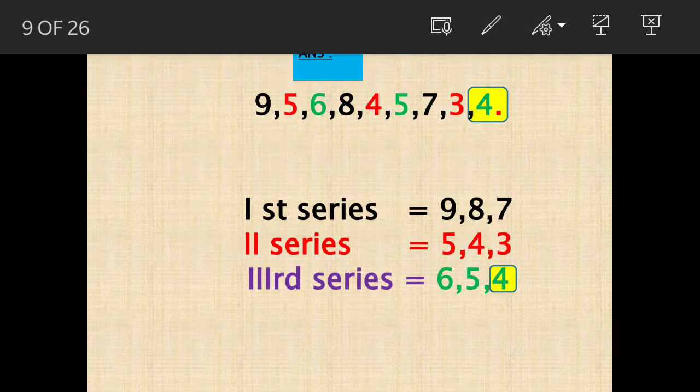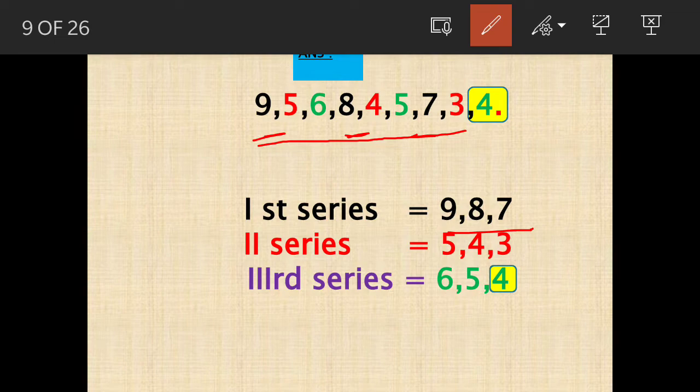If you see this series carefully, 9, 5, 6, 8, directly it is not making any pattern. Alternate numbers also are not making any pattern. But if you see the numbers after every third term, they are in a certain pattern, like 9, 8, 7, all actually reducing by 1.